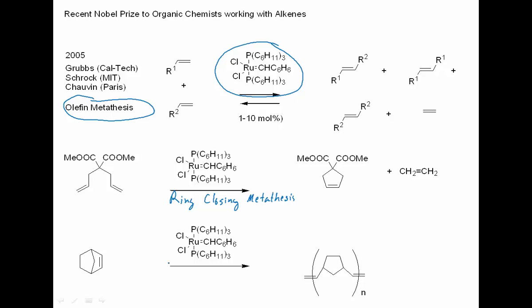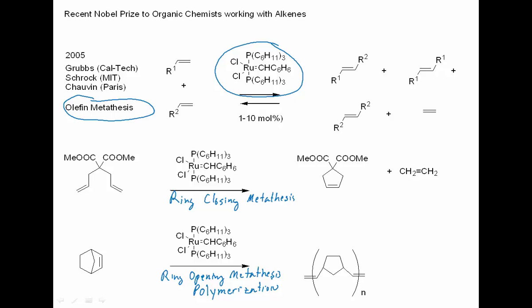And this last one here is called ring opening metathesis polymerization. We open the ring system, and this actually relieves ring strain.